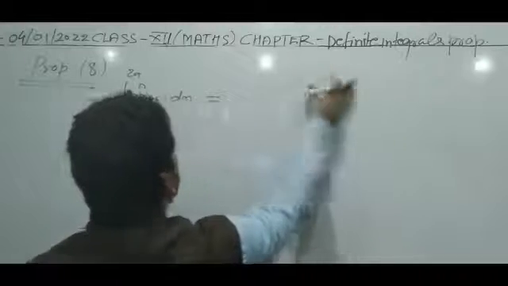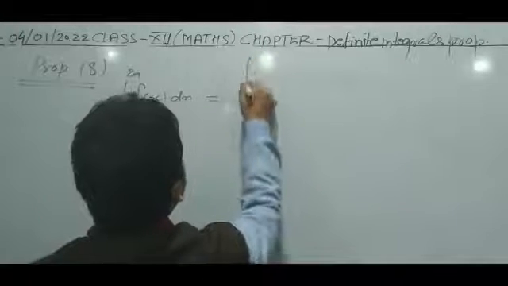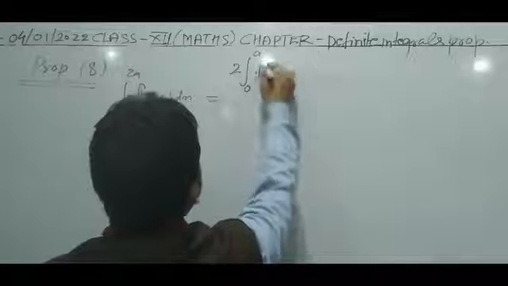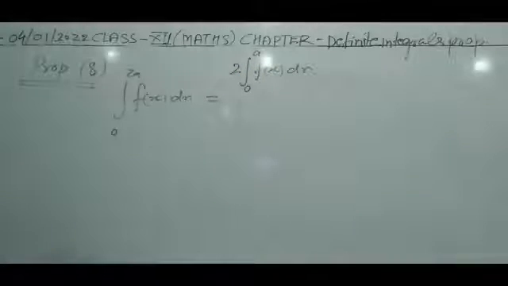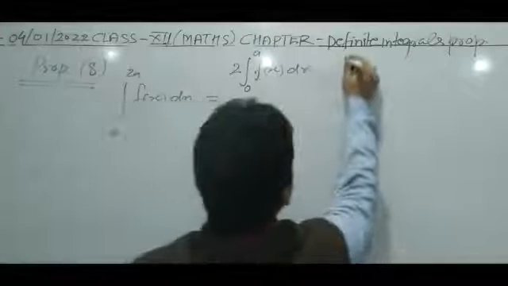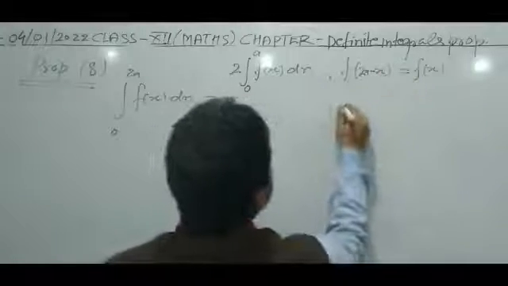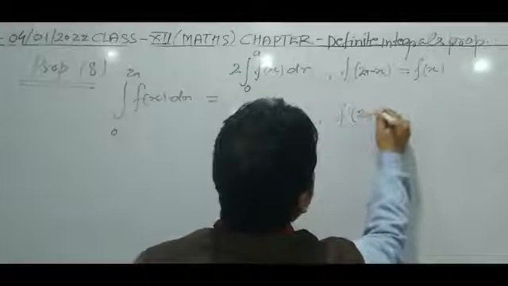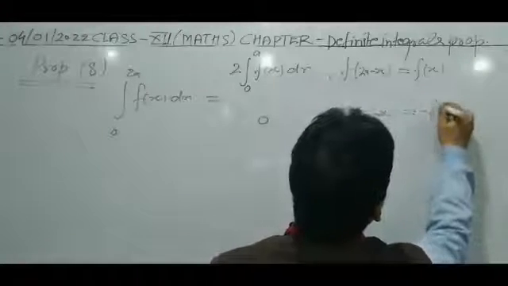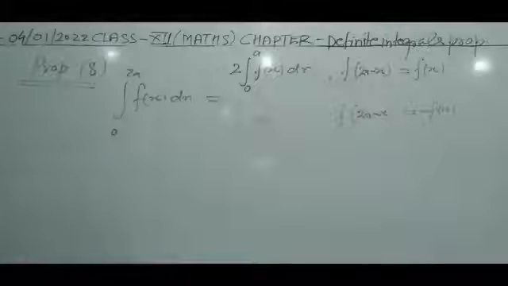So this one we can write integration over 0 to a 2 times f(x) dx, and the second answer is, its answer will be equal to 0 when f of (2a minus x) is equal to minus f of x. The first result is for f of (2a minus x) equal to f(x). These are the two values you will see.